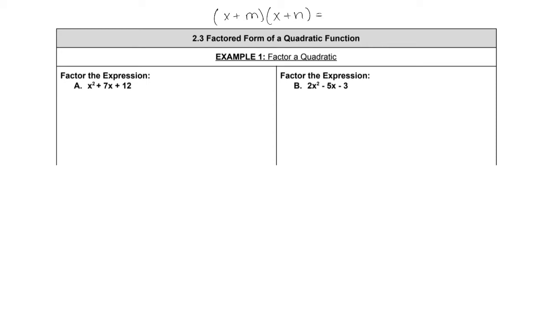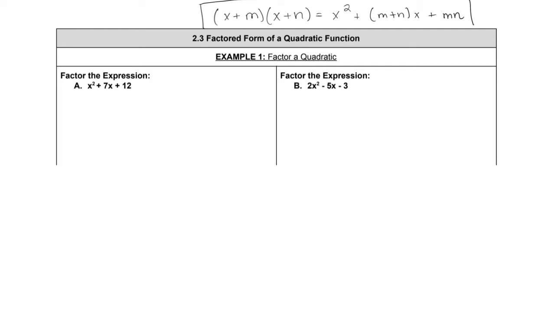And that comes from the standard form, x squared plus, and then our middle term, our b, comes from m plus n, and our c term comes from m times n. This is how we're trying to break it down.